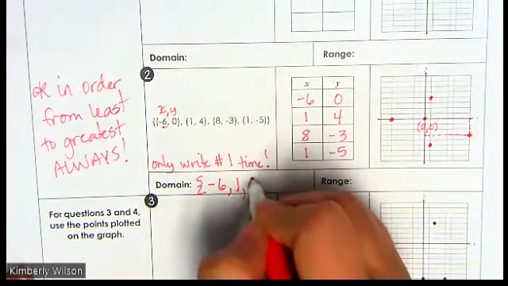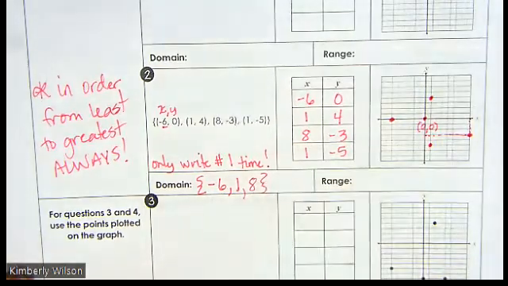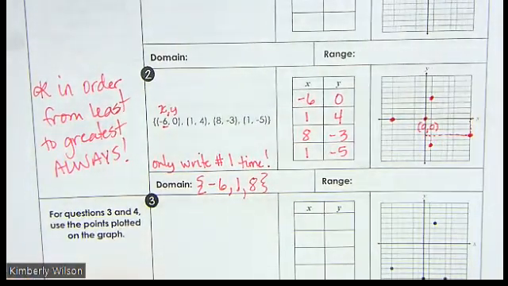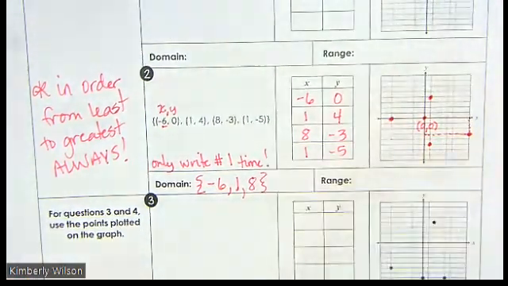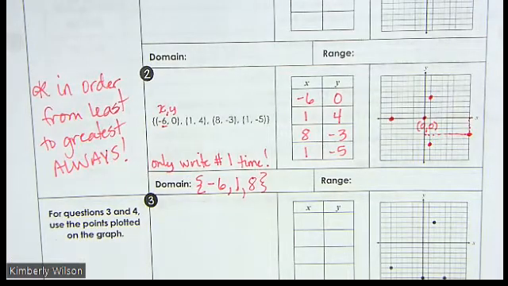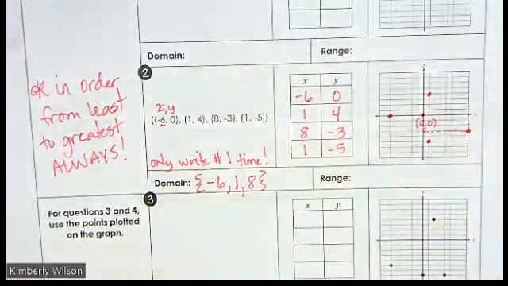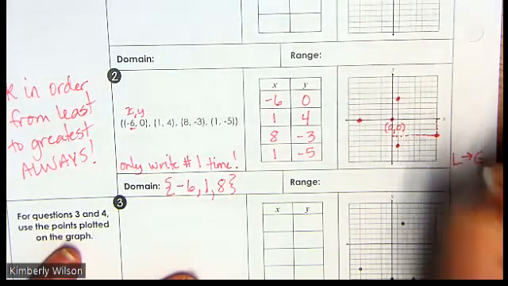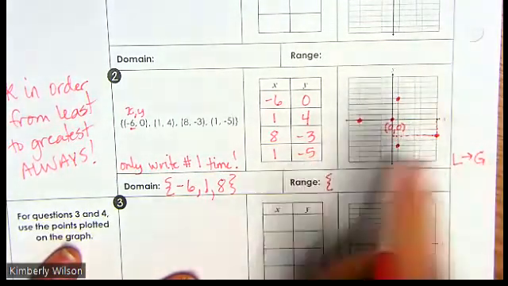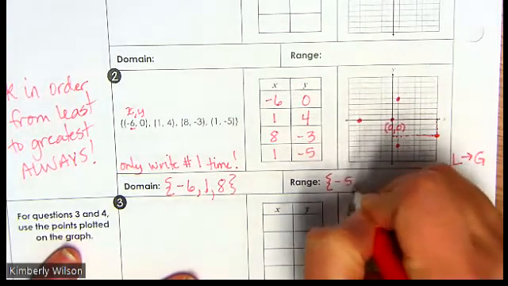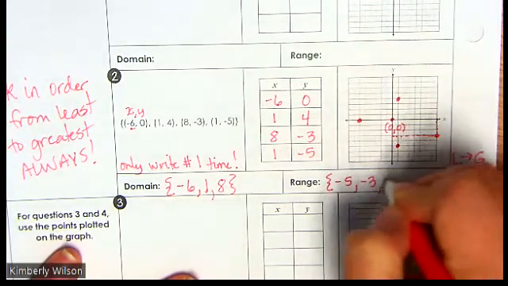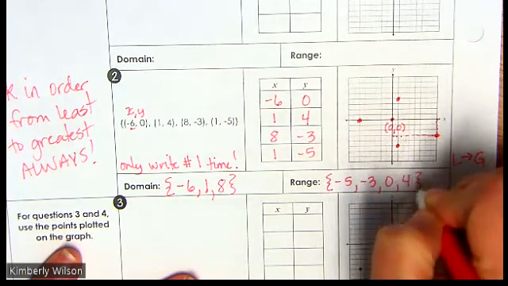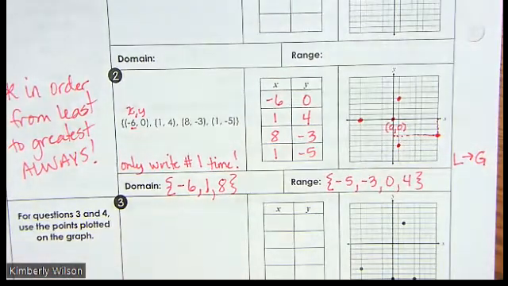And then we have 8. So that is my domain. Now, when I list my range, again, it's not in the order that it's written here. It is in order from least to greatest. So from least to greatest, in set builder notation, I have -5, -3, 0, 4. And there's my answers for those problems.